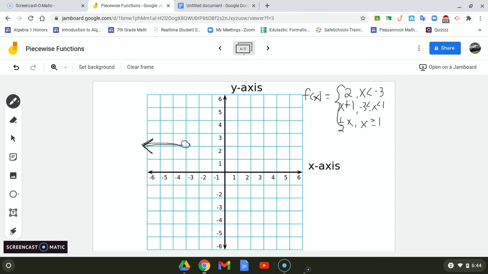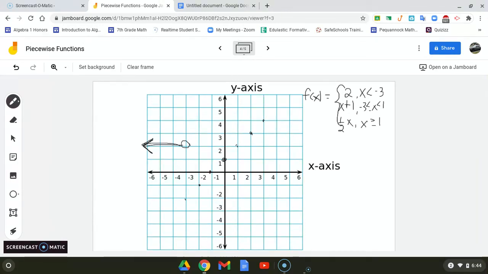Okay, the next part of our piecewise is going to be y is equal to, or f of x is equal to, x plus 1. So that tells us we know our slope is 1, and we start at 1. So we would go up 1 over 1, up 1 over 1, up 1 over 1. Then we go down 1 to the left 1, down 1 to the left 1, down 1 to the left 1.